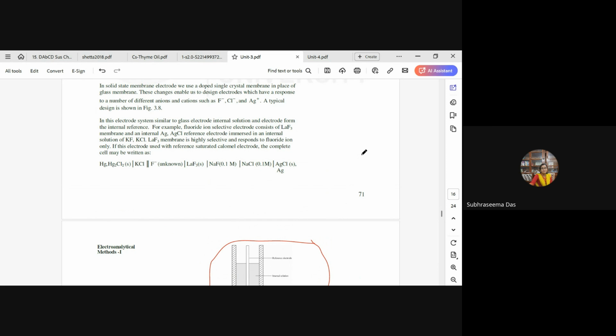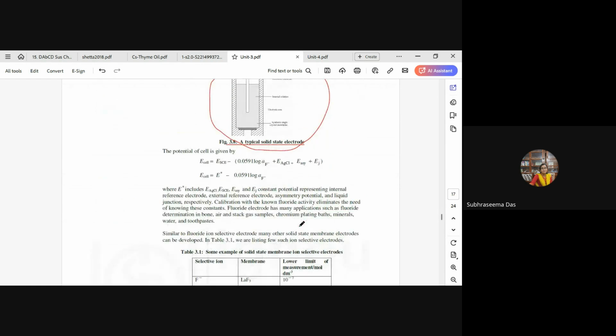So here we can write the total representation of the lanthanum fluoride membrane in this way. And the potential for the electrode can be given as E cell is equal to E star minus 0.0591 log of the activity of fluoride minus.